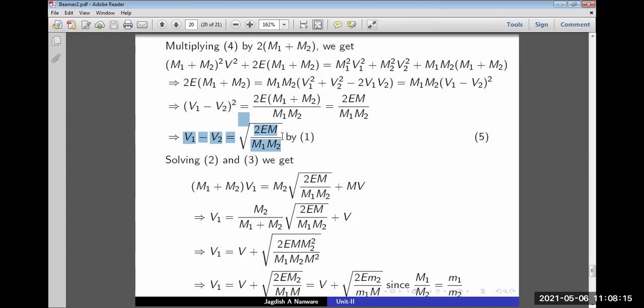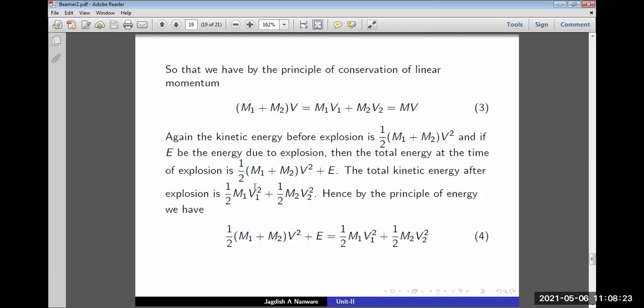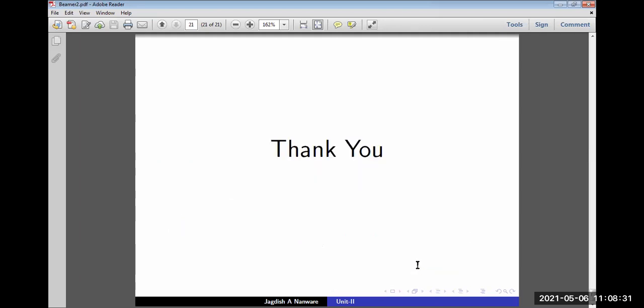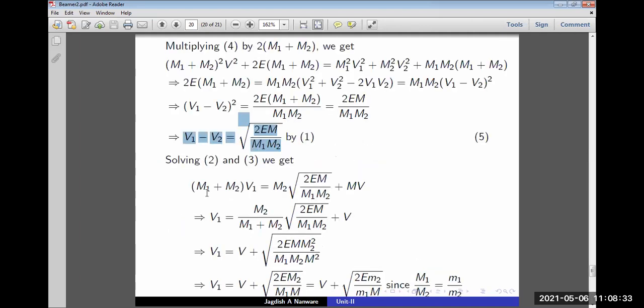And we solve equations 2 and 3 for V1 minus V2. This is the third expression and the second expression. So use these values and see that we have this relation, just putting the values.